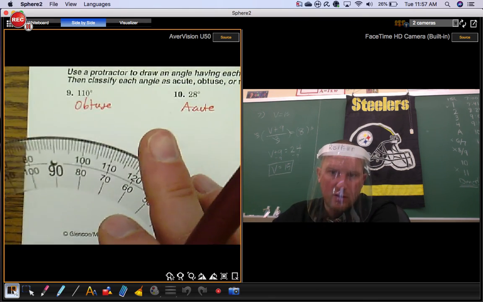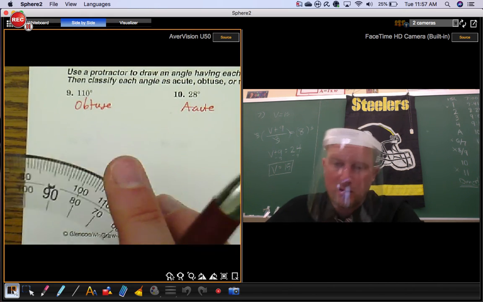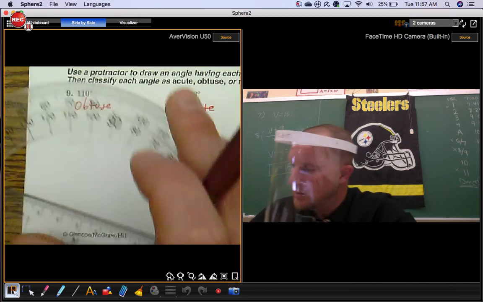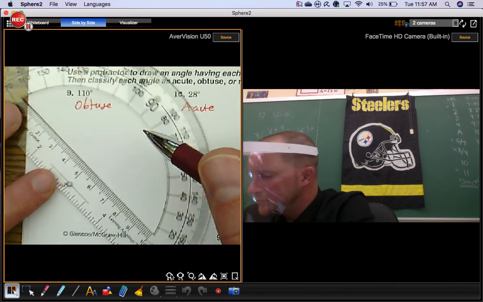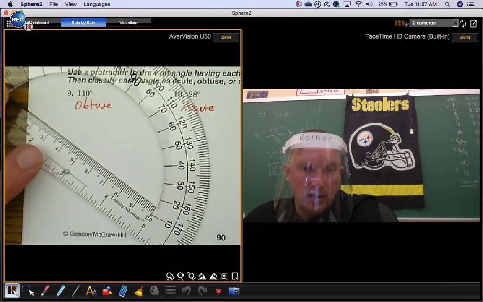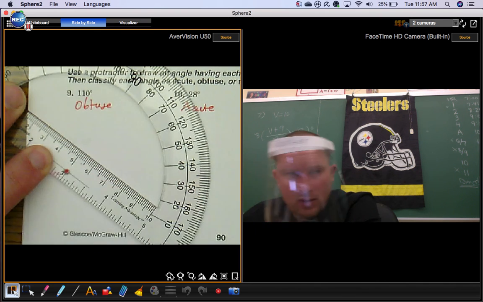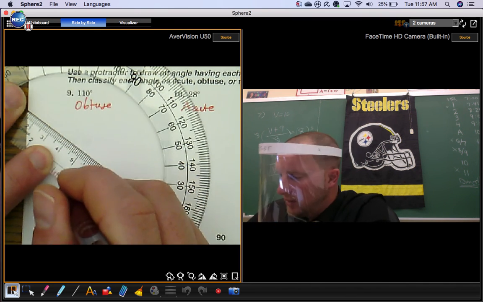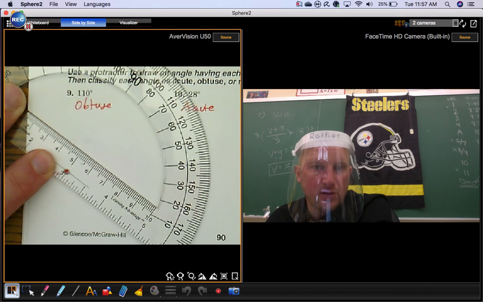So depending on which way you want your angle to open or face, that depends on which scale you use. So we want to draw a 110 degree angle. So here's what I'm going to do. I'm just going to throw my protractor down on the paper anywhere. Doesn't really matter. And I'm going to put a point right there. That's going to be the vertex of my angle. That's that little hole right in the center of that protractor. That's going to be your vertex.